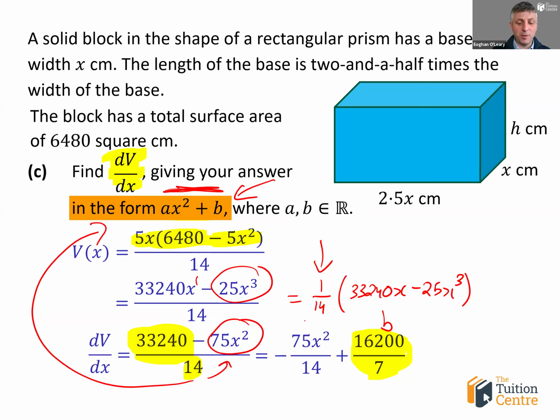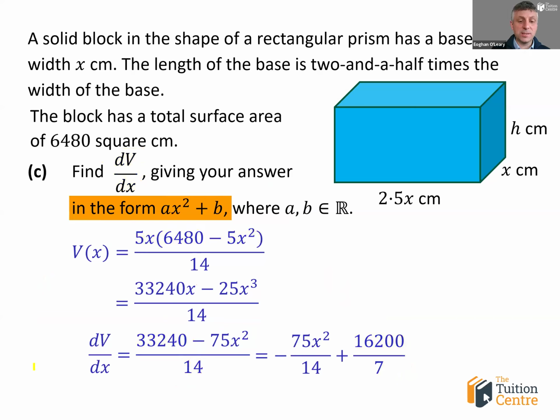And that is we'll just say ax squared. Now you might say, well, they're still fractions. But of course, you're told here that a and b are elements of the real numbers. So what's important in terms of getting the correct form is the fact that there's a plus between the two parts.